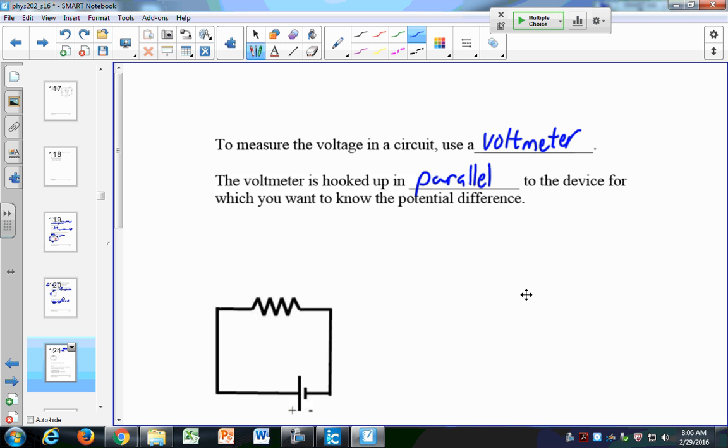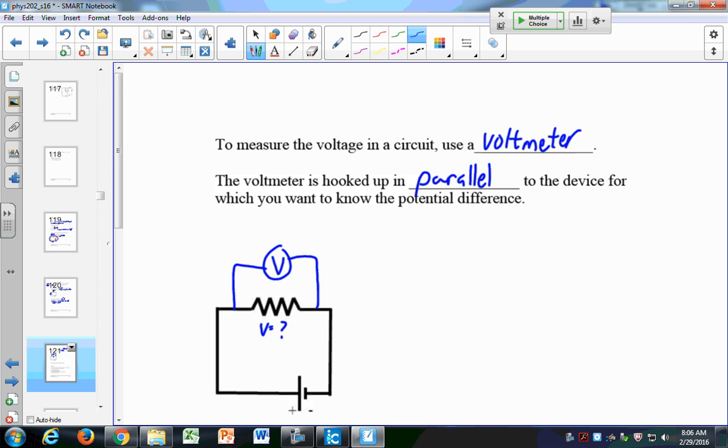So when you hook up your voltmeter, you're going to hook it up to 2 points and measure the potential difference or the voltage across those 2 points. So if we want to know the voltage across this resistor, we'll hook up our voltmeter like this. So our voltmeter will be hooked up in parallel.